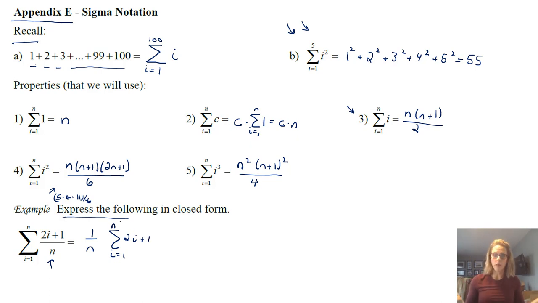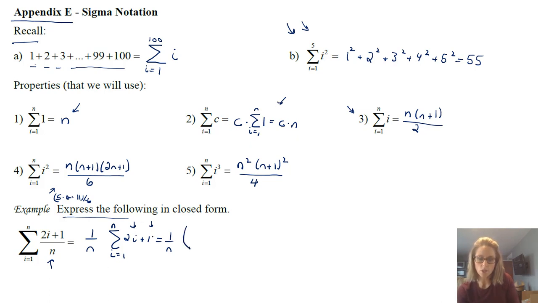Now, there isn't a huge reason to move anything else out at the moment because 2i is dependent on i and i is changing. So we can't take it out of the summation sign. But the next step that I could do would be now to think about, we know what the summation of i is, that's number 3, and we know what the summation of 1 is, or really any constant, n or c times n, and so we can rewrite this.